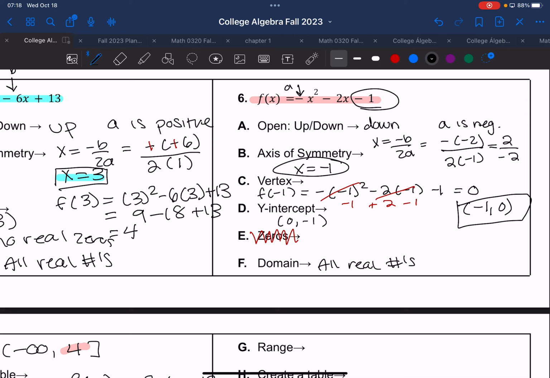What do we use for the range? The vertex. Which value in the vertex? 0. And it's opening down, so that tells you it's going to go towards positive or negative infinity. Negative. So that means we have negative infinity and 0. Which comes first? Negative infinity. Always those negative numbers first. Then we have a bracket on the 0.